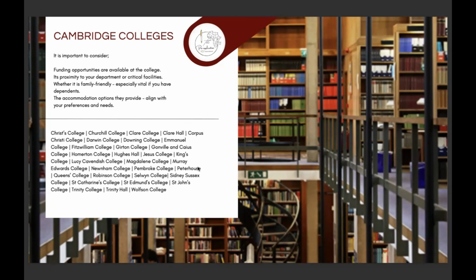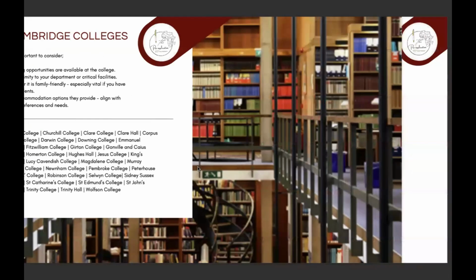You should be aware that there are colleges that are only for females, and there are 3 of them. So if you identify as a gentleman, you don't want to suggest those particular ones. You can do that research to know which ones are gentlemen only, which ones are females only, which ones are for both.